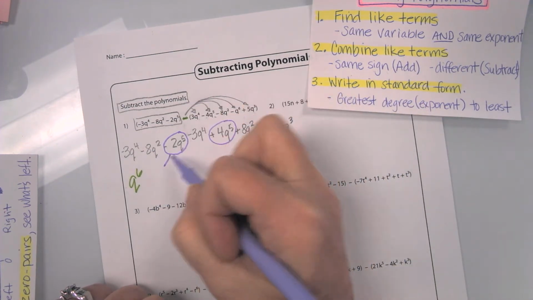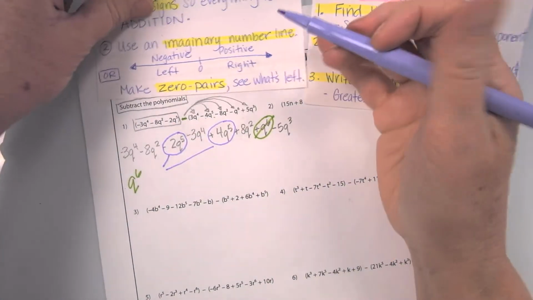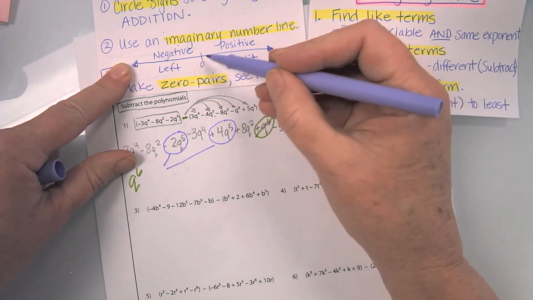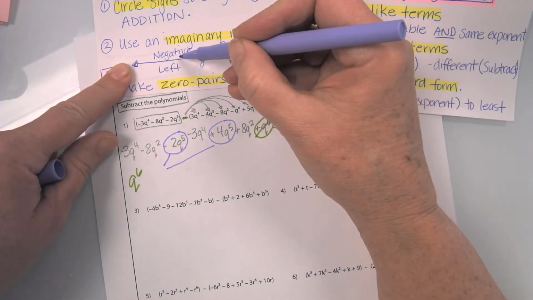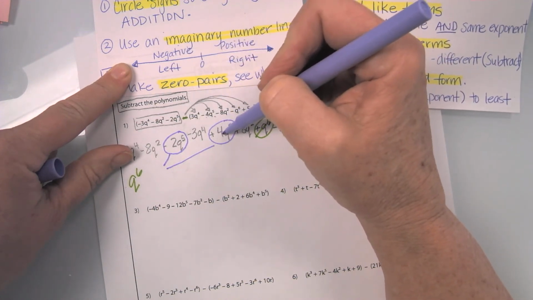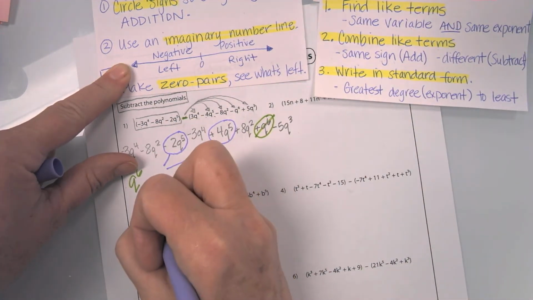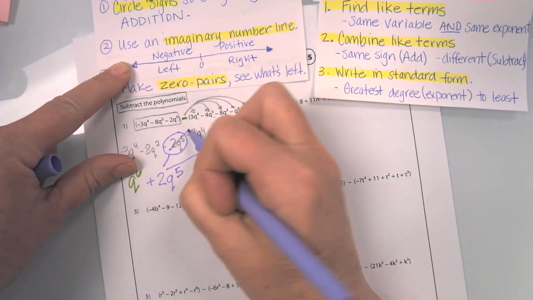So I'm going to bring these both together. Now, if you need to have your imaginary number line, notice I have a negative 2q. So I'm going to go left, 1, 2. Then I have a positive 4, so that means I'm going to go 4 to the right, which lands me at a positive 2q to the 5th. Okay, those are done.